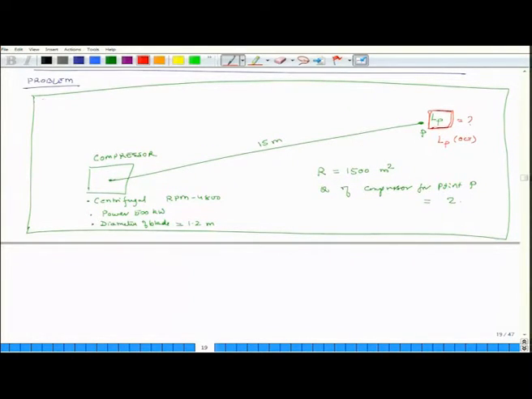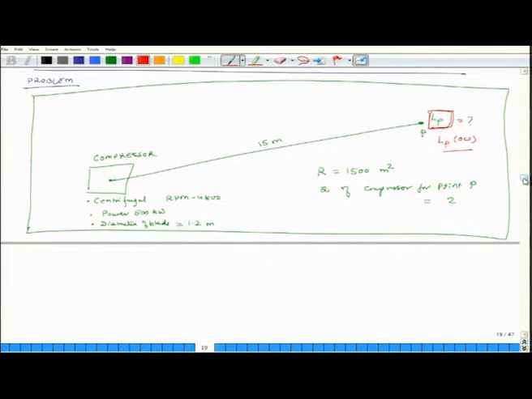So, it is a pretty big compressor. Blade diameter is 1.2 meters, sitting in a large room, 1500 square meters is the room constant. Directivity with respect to point P is 2. So, we have to find sound pressure level overall and for each octave band.